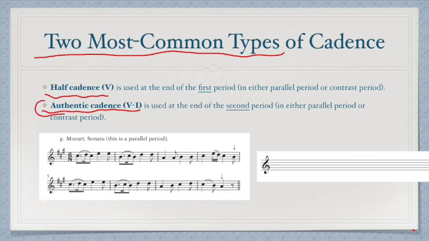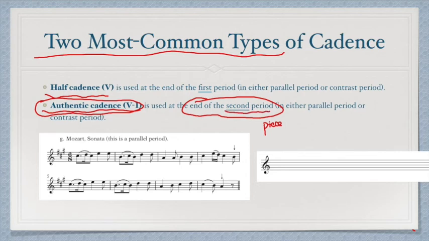First of all, I want to introduce the authentic cadence because it is easier to understand than the half cadence. The authentic cadence is usually used at the end of the second period, which means you need to use it at the end of your piece, because the simplest form of a piece only contains two periods.